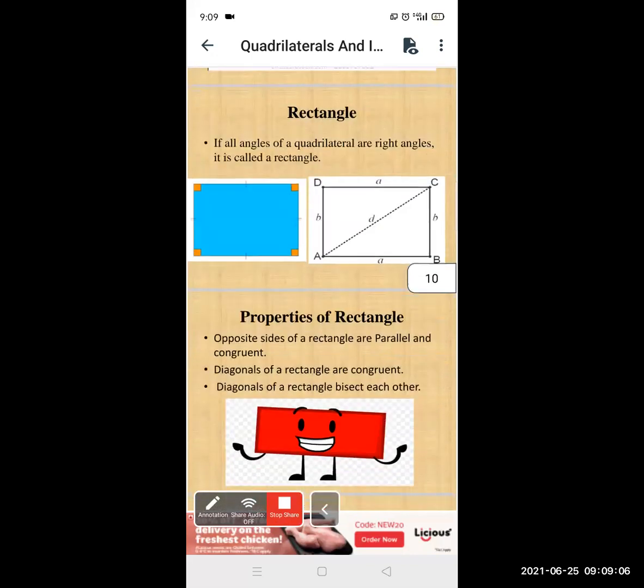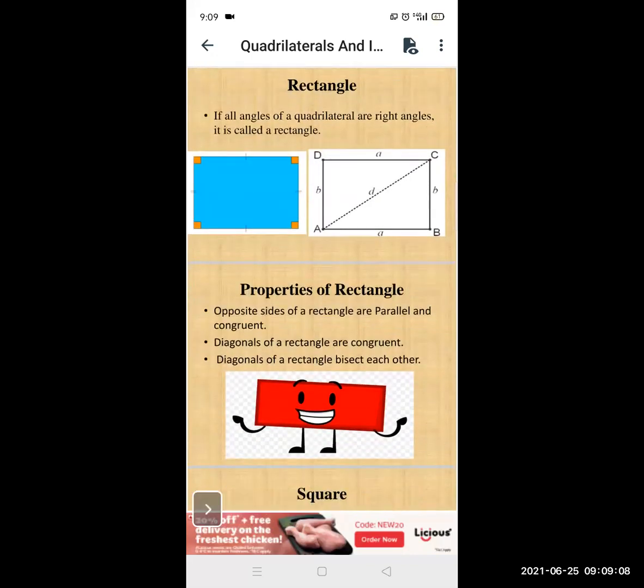So now, what are the properties of a rectangle? The properties of a rectangle are very important because whenever a closed figure or a quadrilateral is given, you have to identify which type of quadrilateral it is. For that purpose, you should know the properties of each and every quadrilateral.